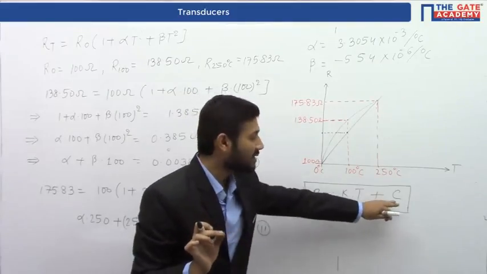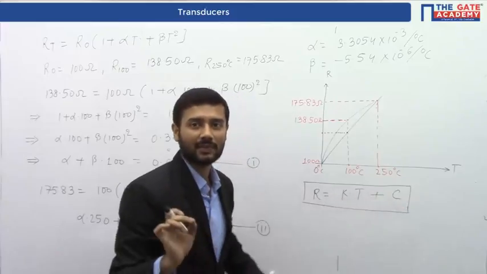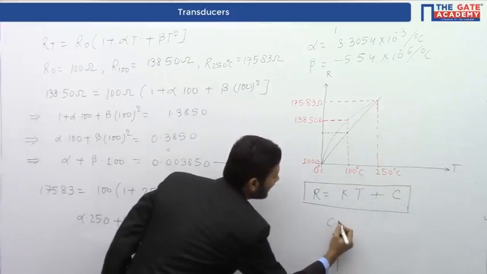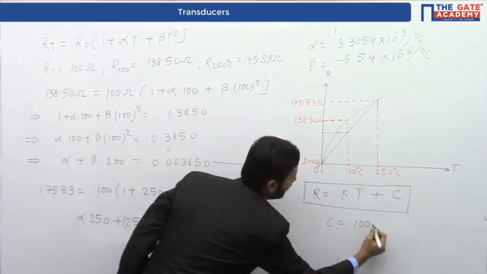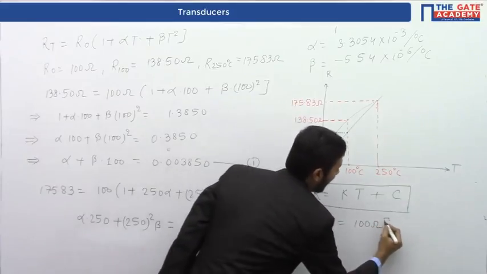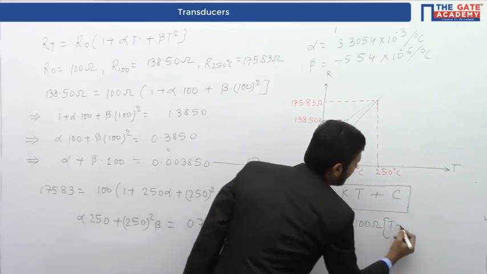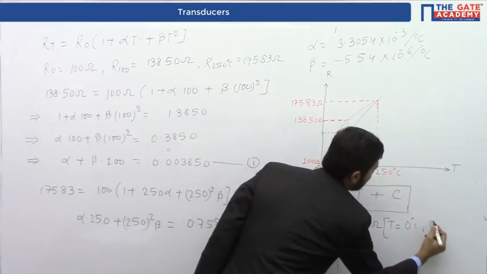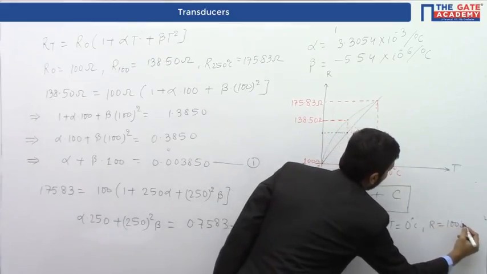That's why this C value is nothing but 100 ohm.